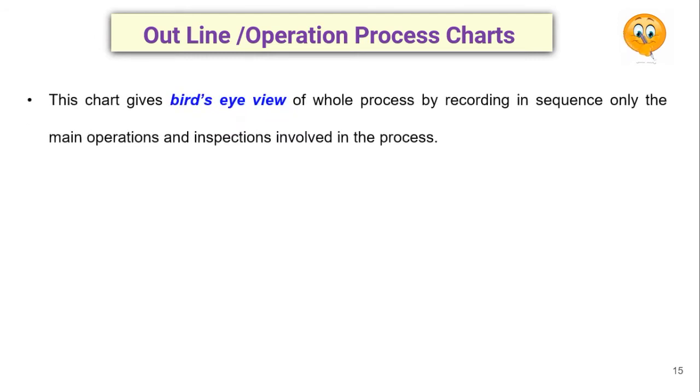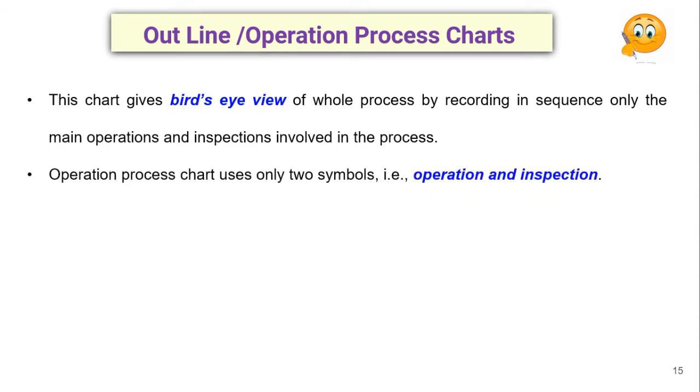Outline operation process chart. This chart gives a bird's eye view, or in layman's terms a helicopter view, of the whole process by recording in sequence only the main operations and inspections involved in the process. An operation process chart usually uses only two symbols, circle and rectangle.